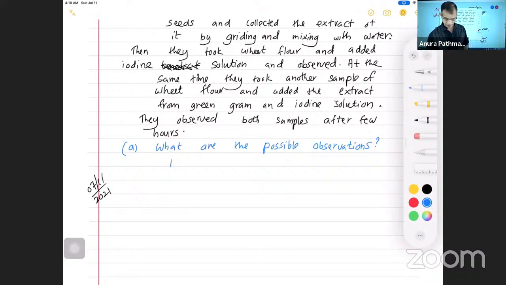Number one, the starch solution is turned into dark blue color. Dark blue color.